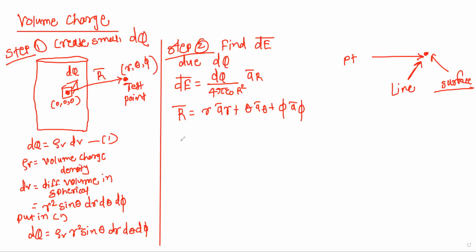Okay. So from this, what would be the value of mod of r bar? So it would be r square plus theta square plus phi square, right? So you can get the value of a bar r. So a bar r is equal to r bar divided by mod of r bar.